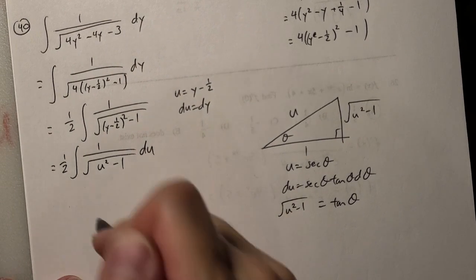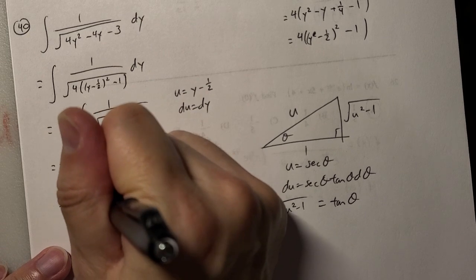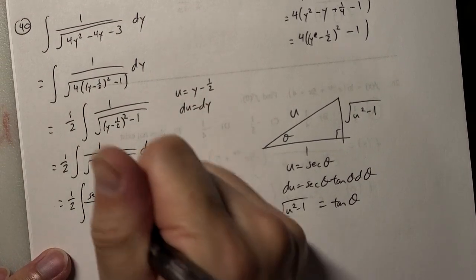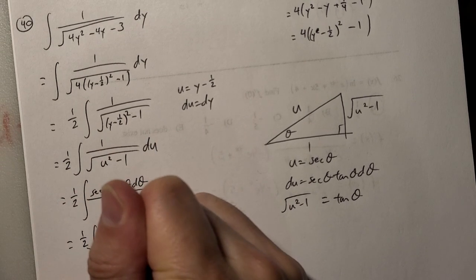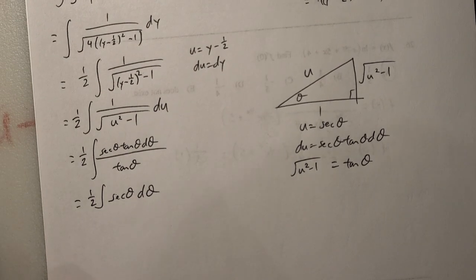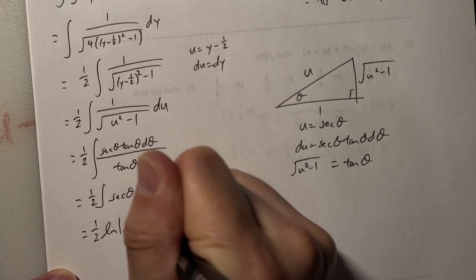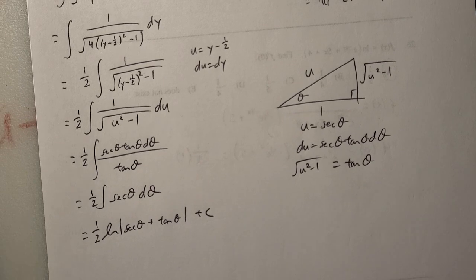Now let's substitute. du is secant theta tangent theta d theta, the square root term is tangent theta. So our integral is 1/2 integral secant theta d theta. This is just from the table. You should remember this: ln |secant theta plus tangent theta| plus c.